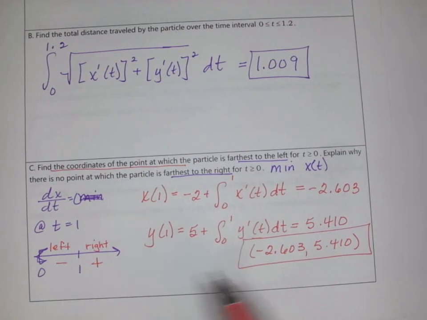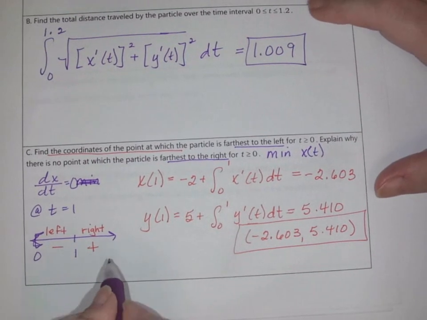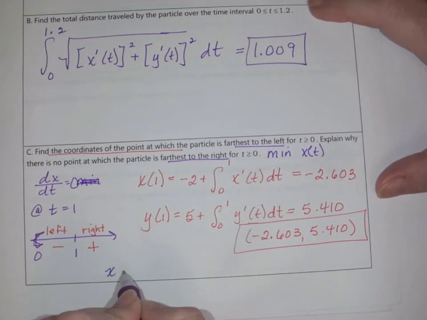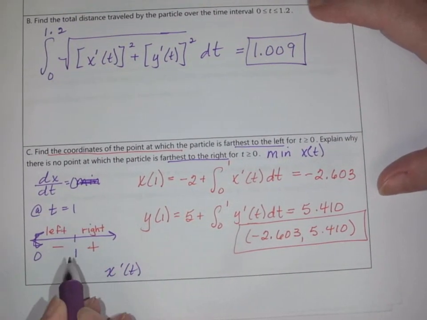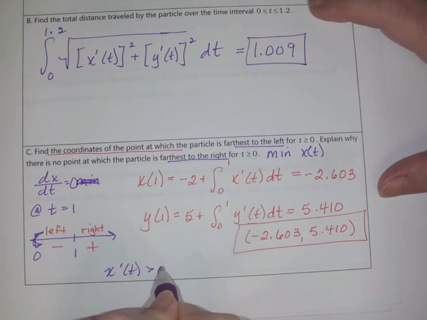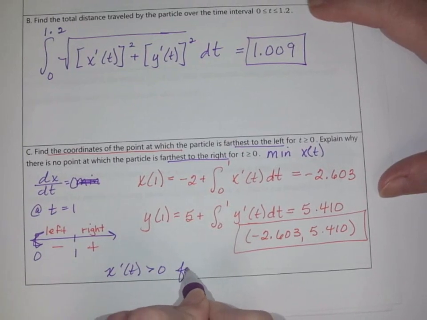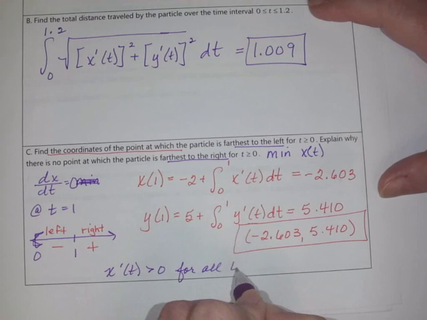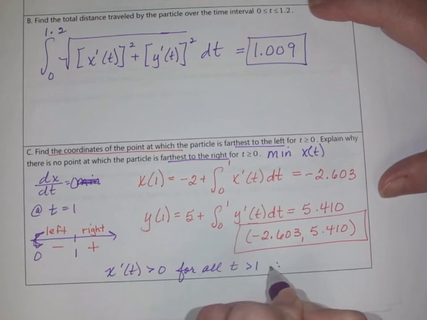And then we can say, explain why there is no point at which the particle is furthest to the right. We're going to say x prime of t is greater than 0 for all t greater than 1.